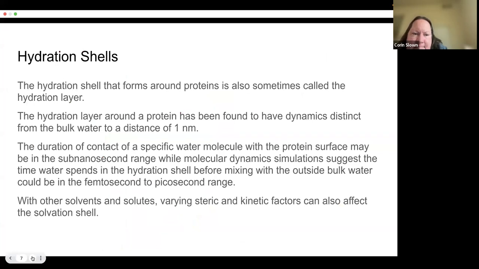Whether it's referred to as a hydration shell or a hydration layer depends on context. Shell is used if it encapsulates something like an ion. Hydration layer would be more common to describe, for example, the behavior of water across a phospholipid bilayer. And this piece is really interesting to me.